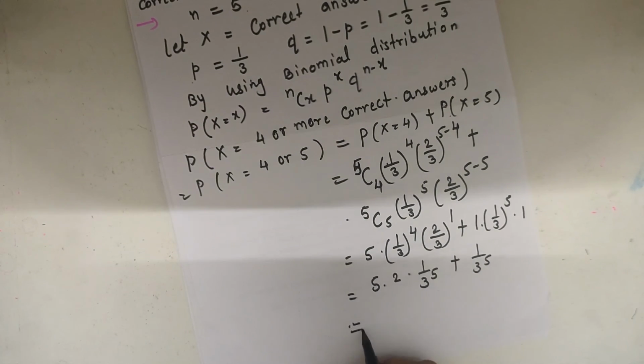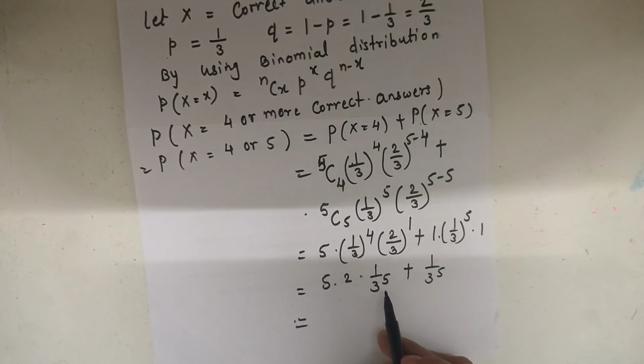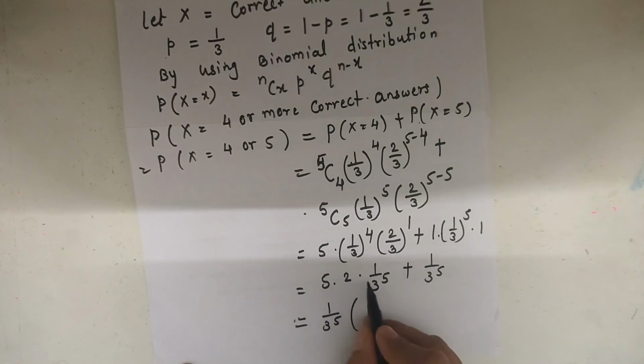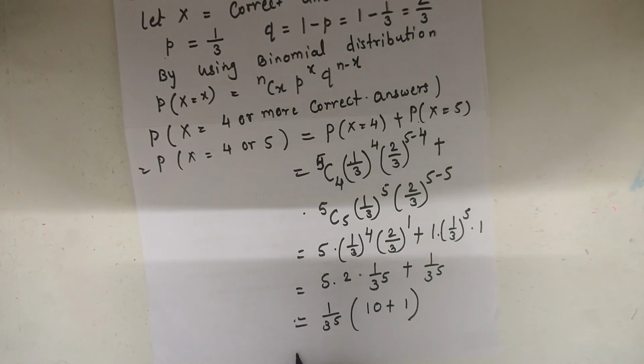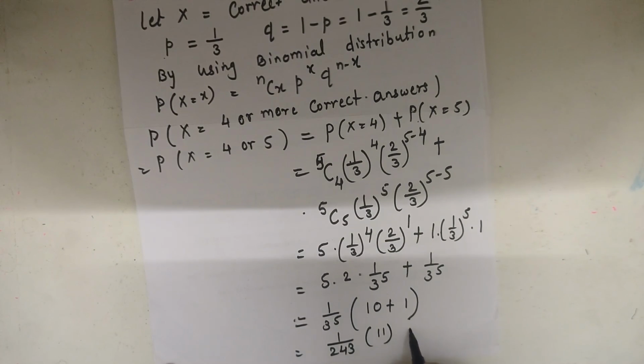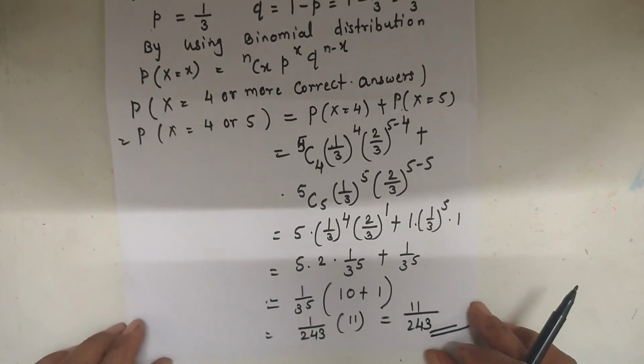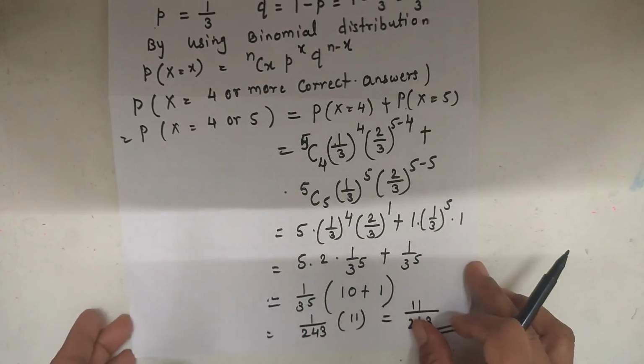Now by taking 1 upon 3 raised to 5 as common, the remaining terms are 5 into 2, 10, plus the remaining term 1. Then by calculating, 1 upon 3 raised to 5 is 1 upon 243 into 10 plus 1, 11, and this can be written as 11 by 243, and this is the required answer for the probability of 4 or more correct answers.